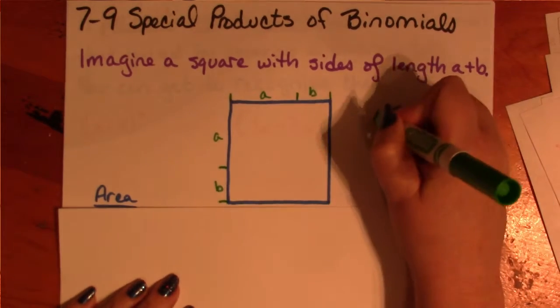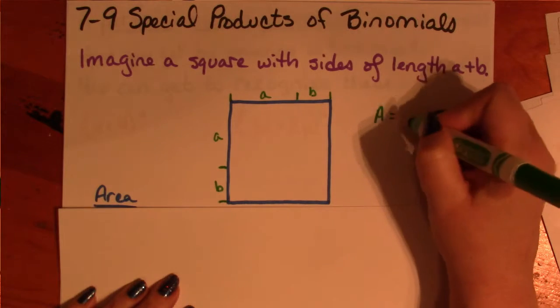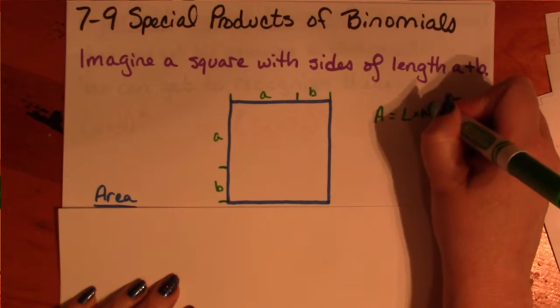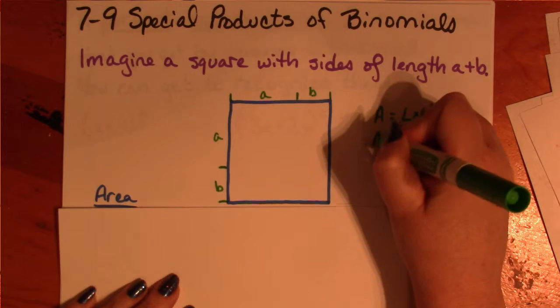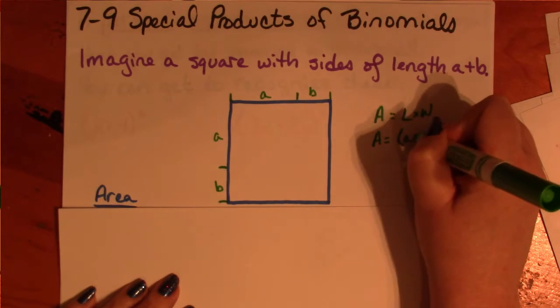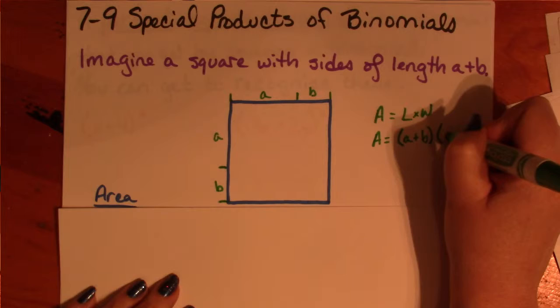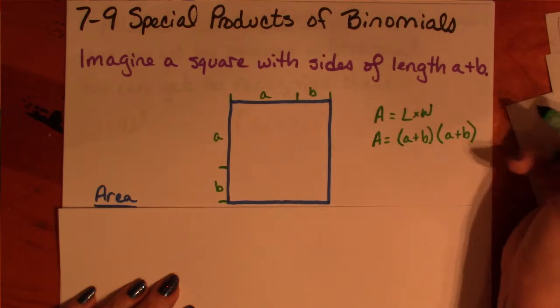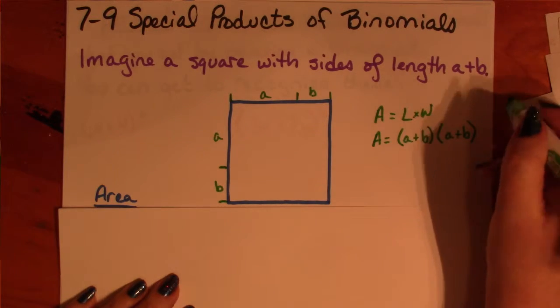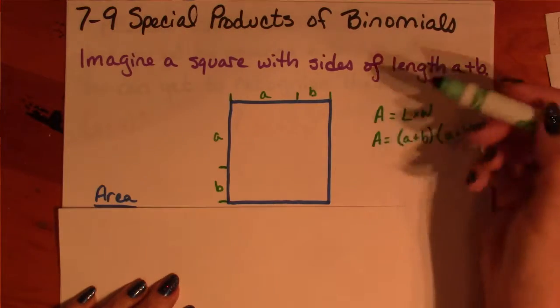Now when we want to find the area, it's going to be length times width. So we're going to multiply a plus b times a plus b in order to get our area. And I want you to be able to picture what this means.